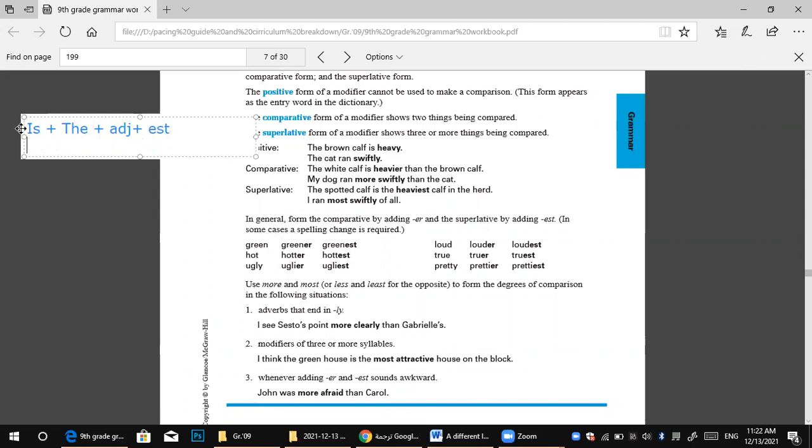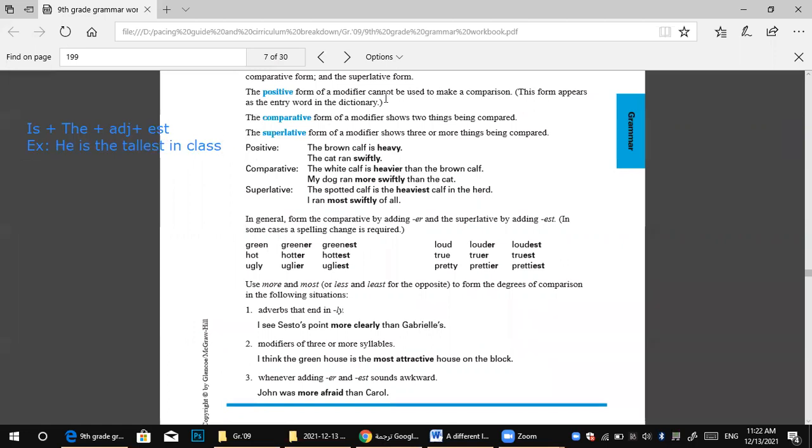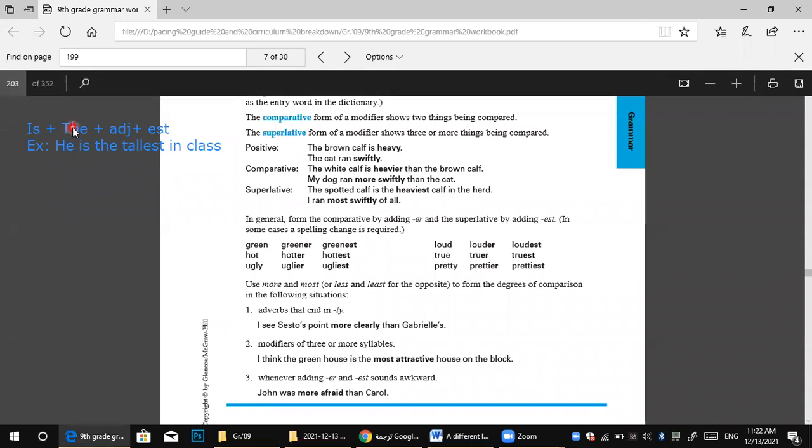For example, he is the tallest in class. He is the tallest. As you see, that's is with the adjective tall plus est, in class. This is for the short adjective.